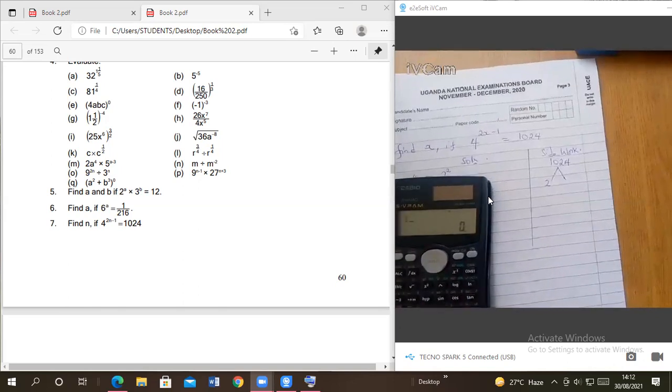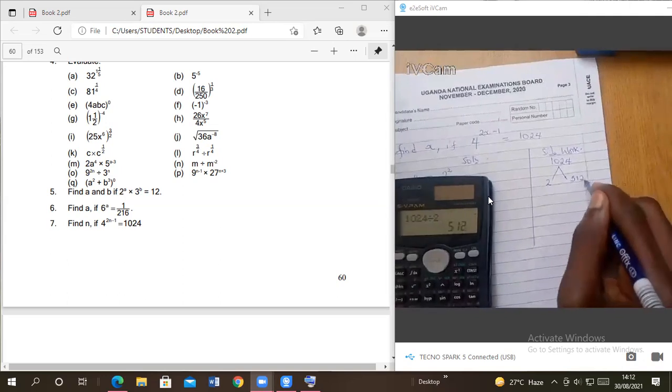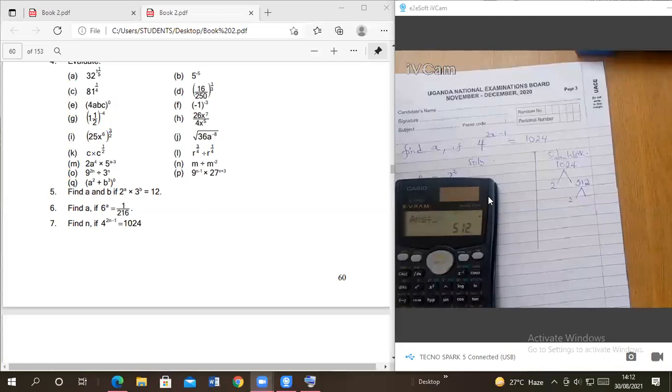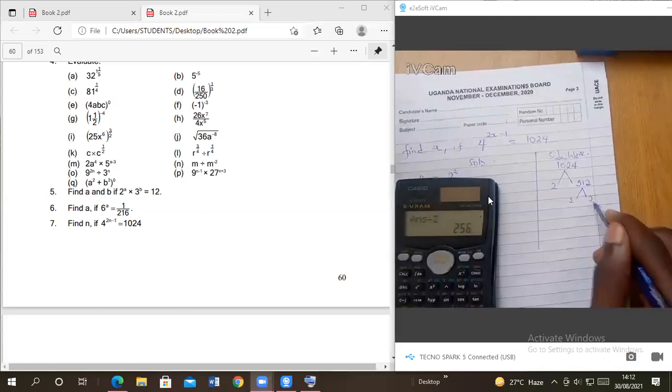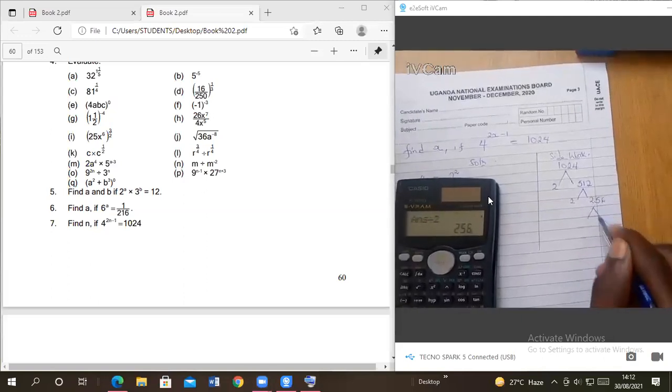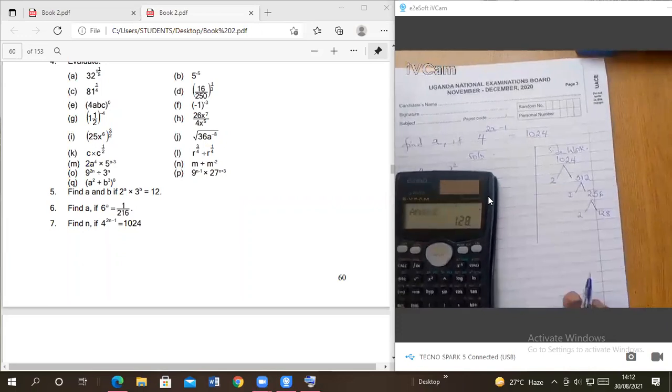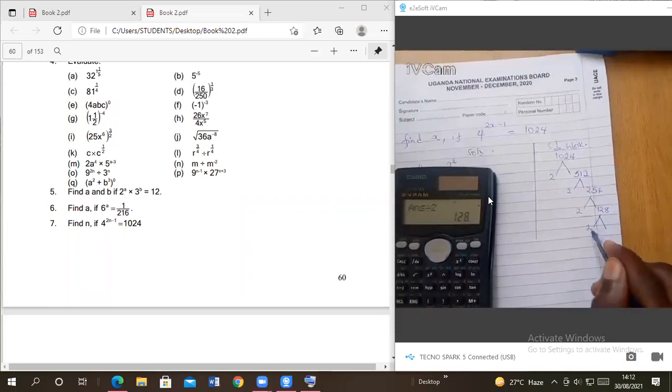So we shall have 1024 divided by 2. It will give us 512. Continue. This one can be still divided by 2. It will give us 256. This one can still be divided by 2. It will give us 128. 2 can still divide that.